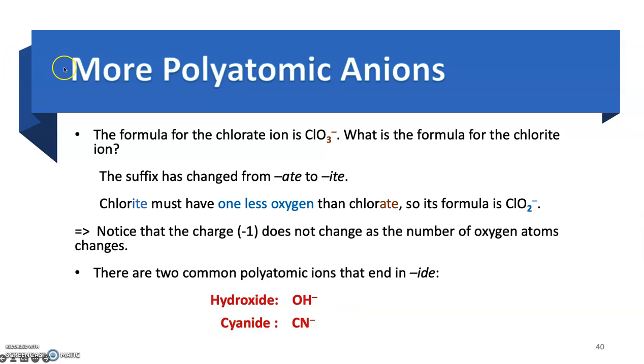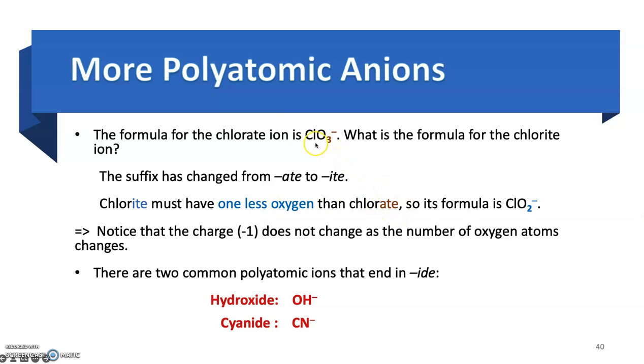More about polyatomic anions. If you know the formula for the chlorate ion is ClO3 minus, you can predict the formula of the chlorite ion. When the suffix changes from ATE to ITE, you know that chlorite must have one less oxygen than the chlorate ion.